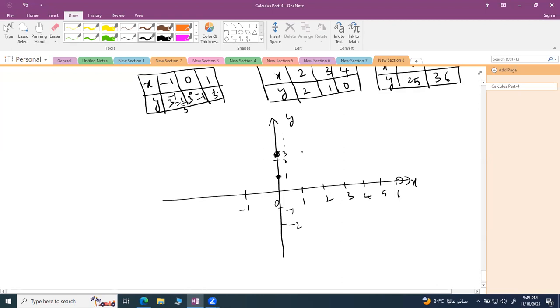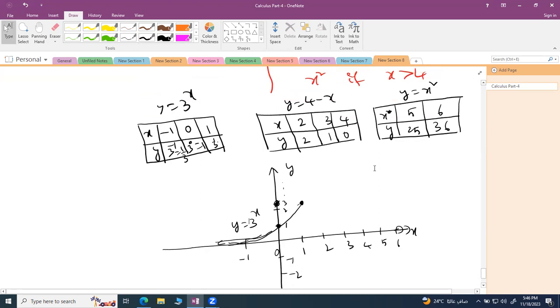So here x value minus 1, this is 1 by 3, this is y equal to 3 power x, x less than or equal to 1.